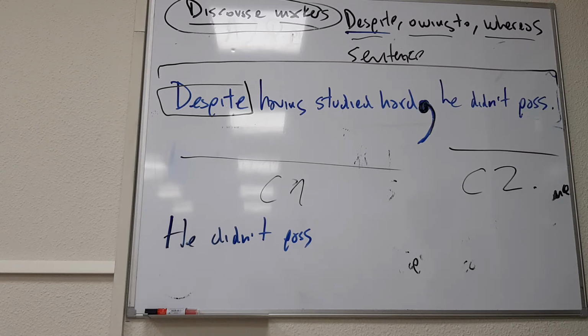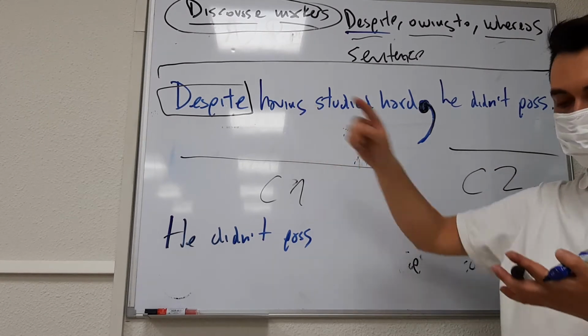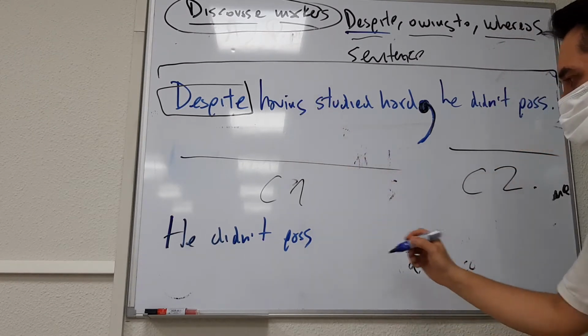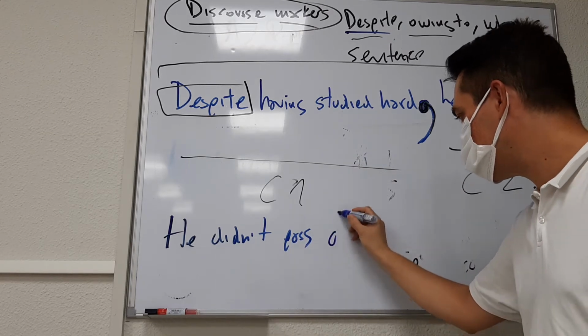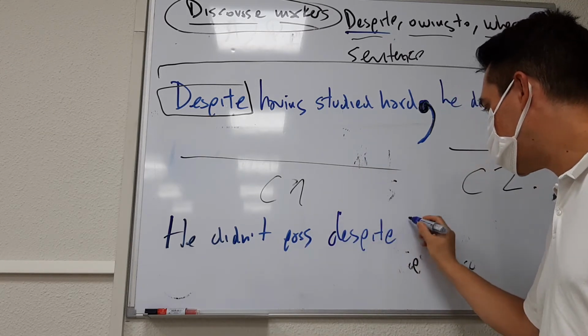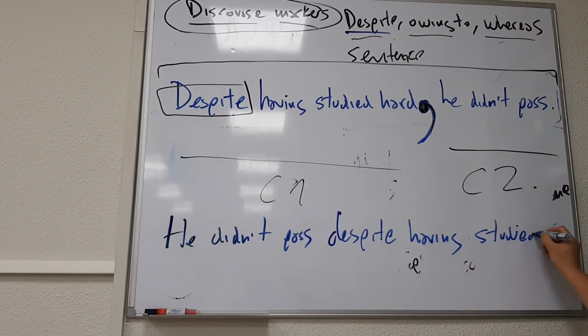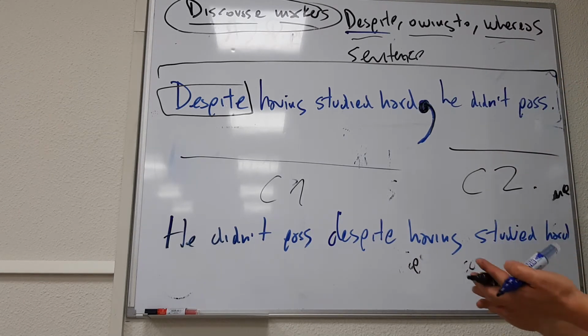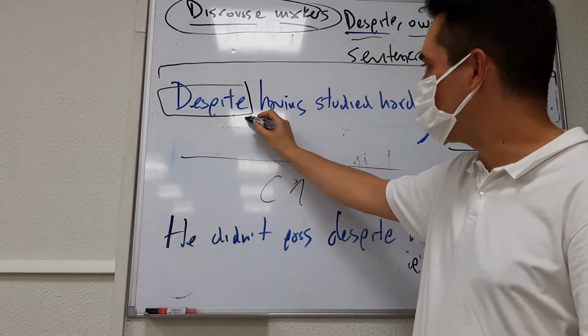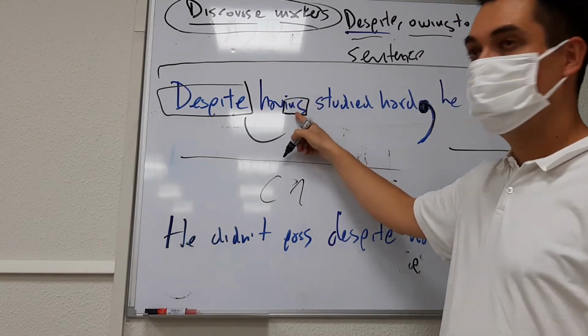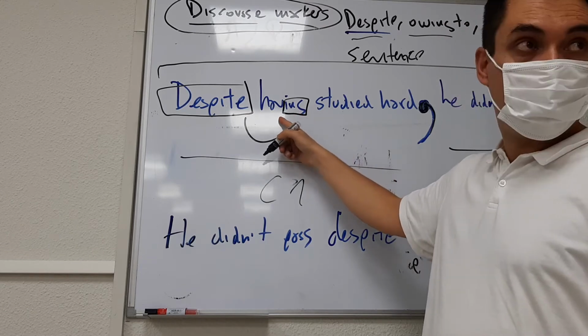He didn't pass despite having studied. Despite having studied. So he didn't pass despite having studied hard. Okay, notice that after despite, what do you need? You need ing, a gerund.